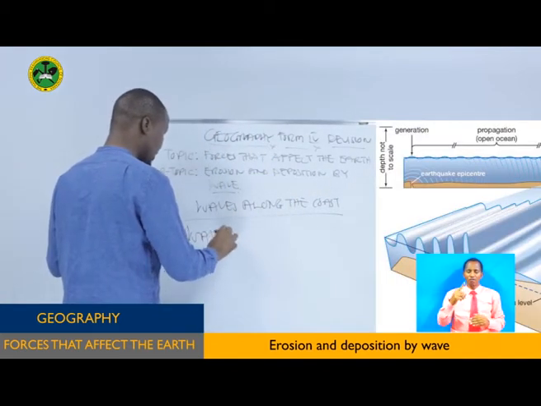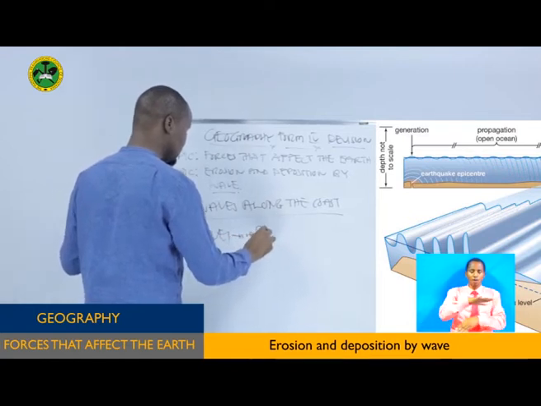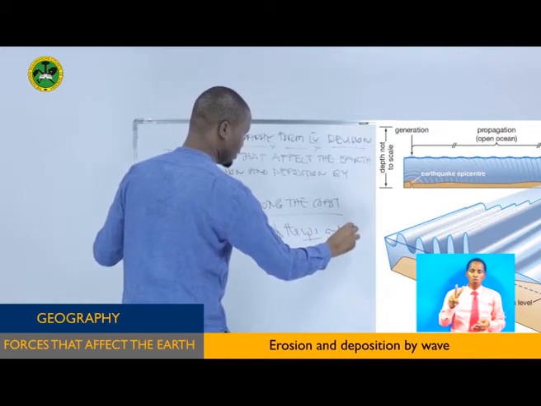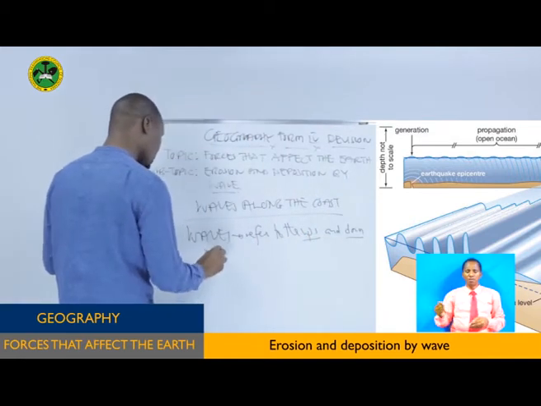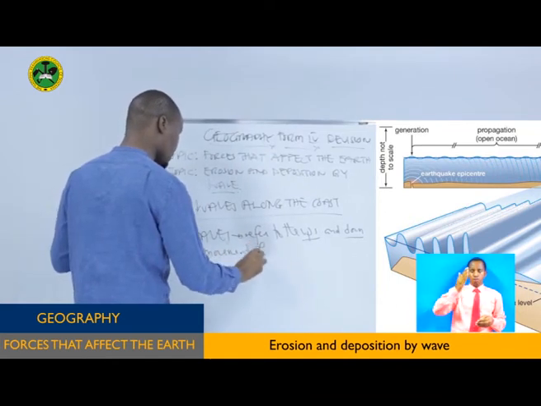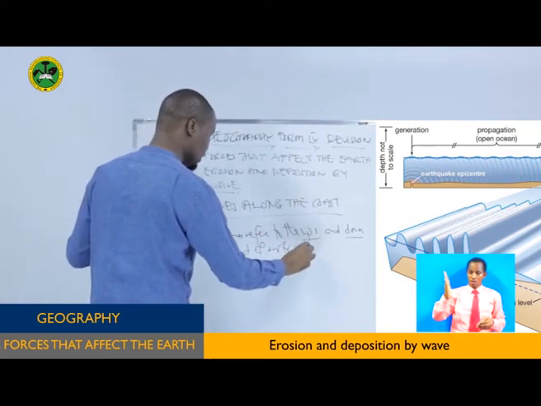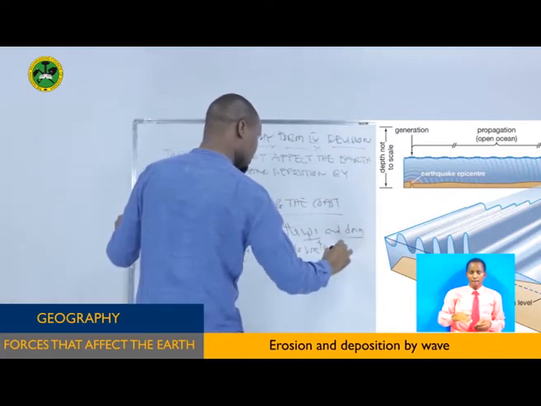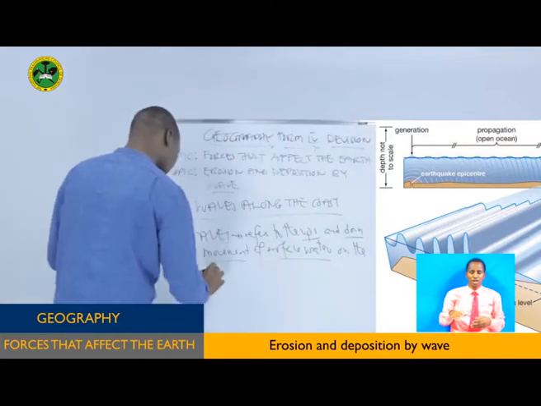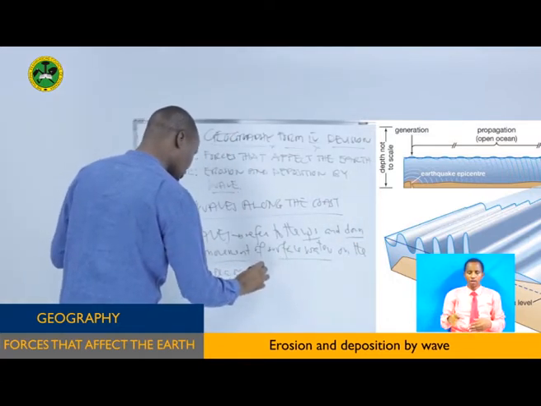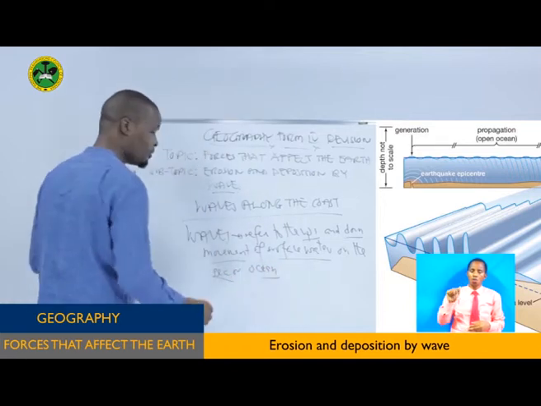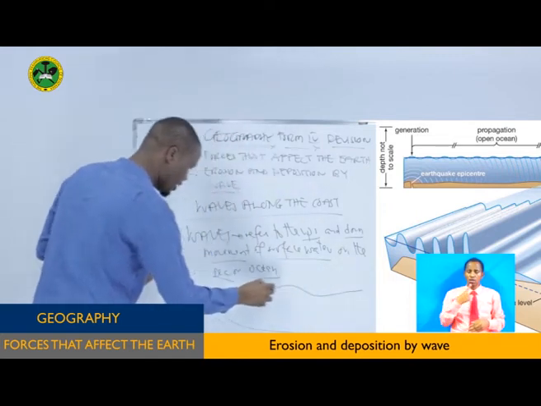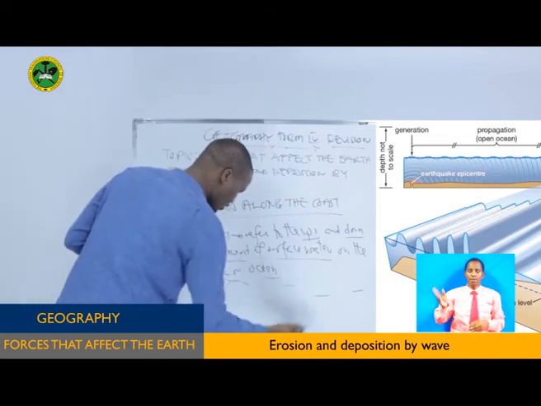By making a simple summary, waves refer to the up and downward movement of surface water on the sea or ocean. Are you with me? Let's say this is a coast right here.